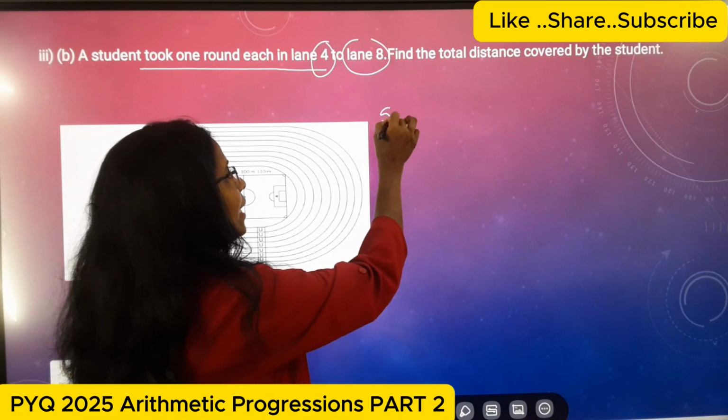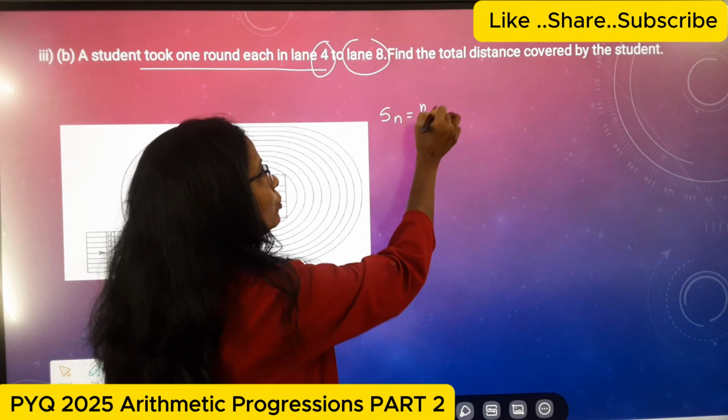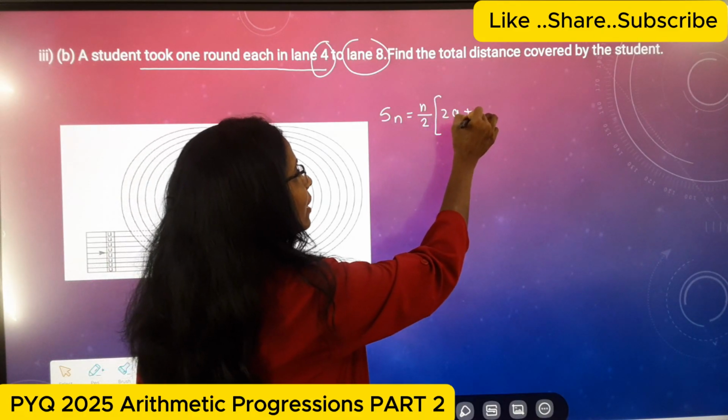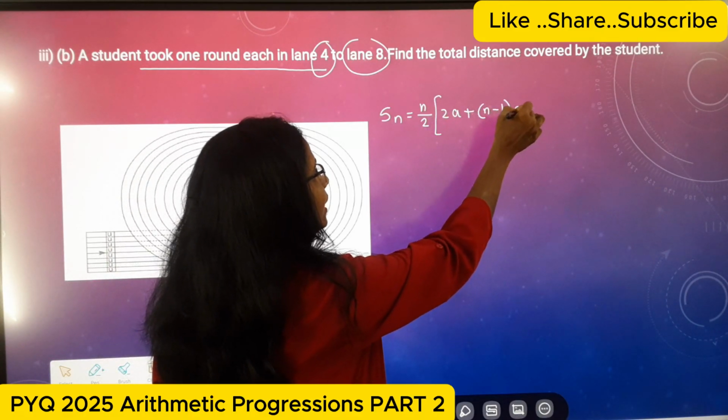Now the formula is Sn is equal to n upon 2 in the bracket 2a plus (n minus 1) d.